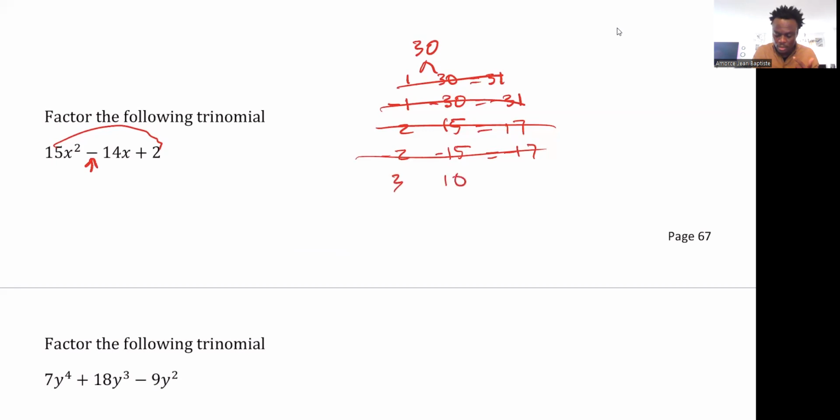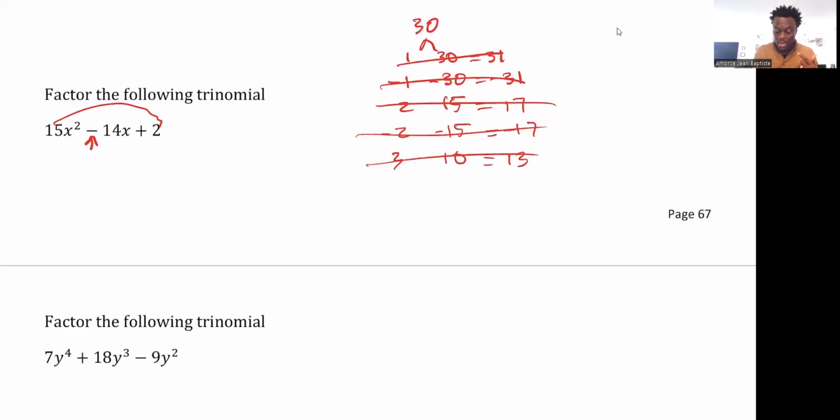Times 10. Multiply them, it's 30. But when we add the two numbers, it equals 13, not -14. I can't use it. Let me try -3, -10, right? It's -13, right? The previous one was +13. This one is -13, still not good.